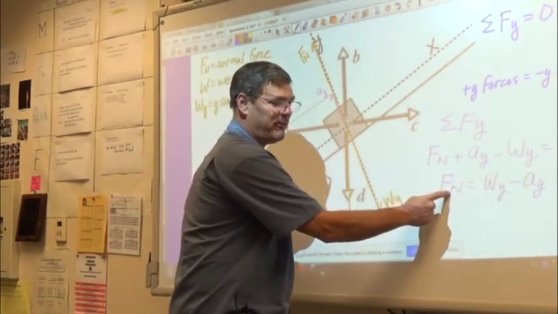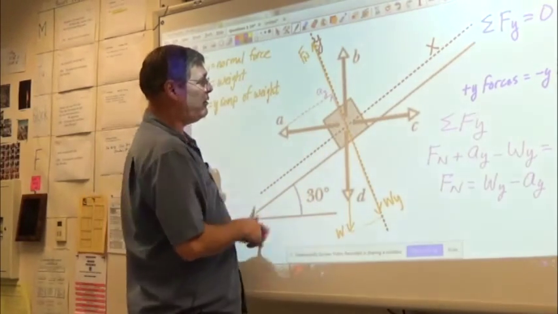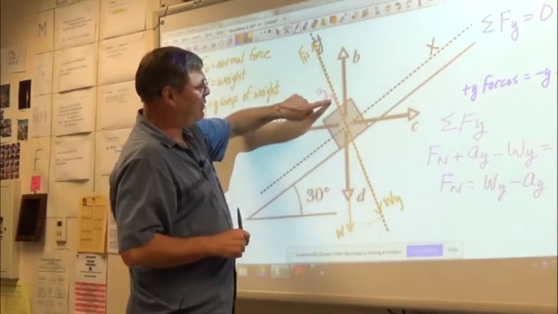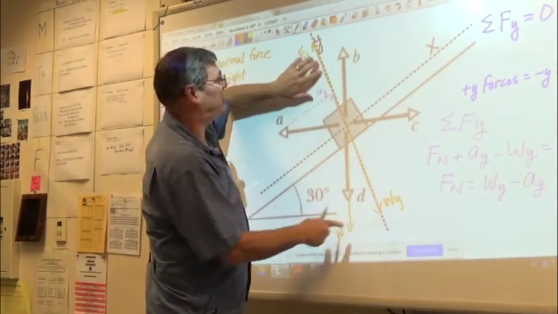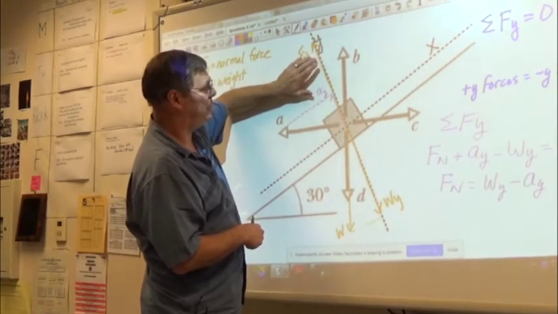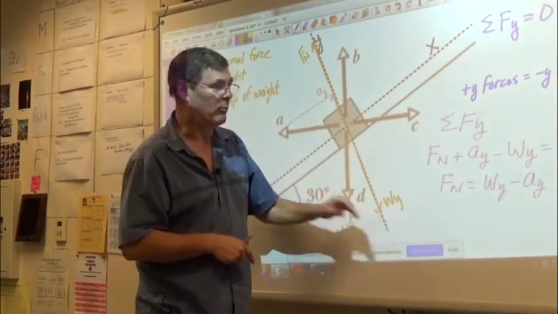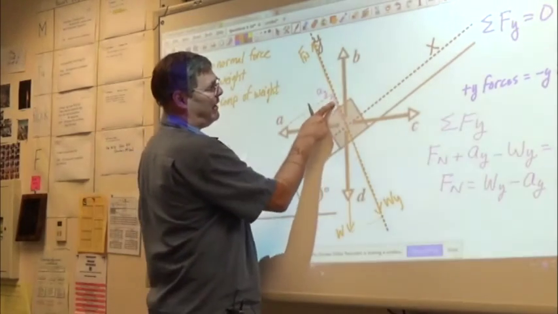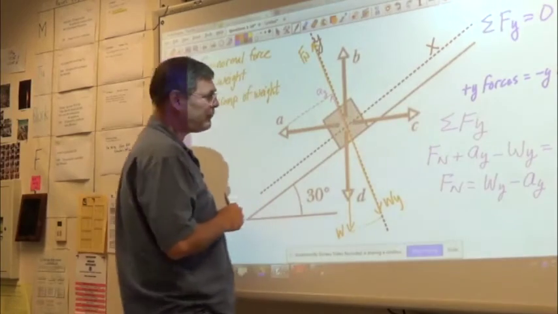So the normal force is becoming less when A is there. In other words, the y component of A is helping to oppose Wy. So there doesn't have to be as much of a normal force because the upward forces have to equal the downward forces. So if I have this Ay present, then Fn doesn't need to be as big.